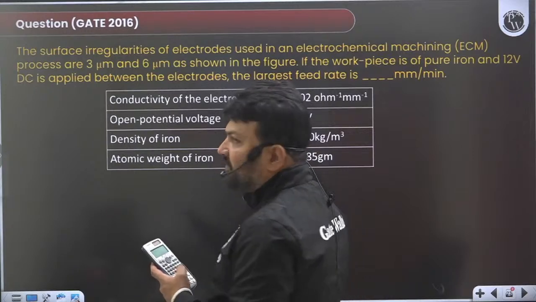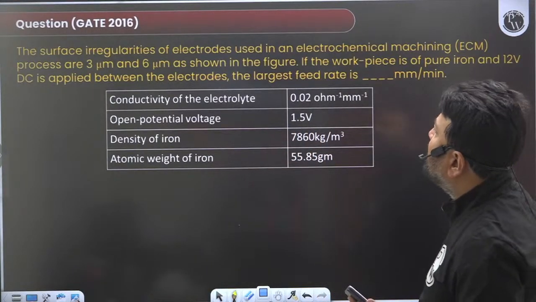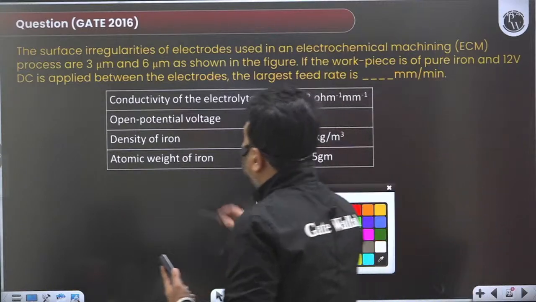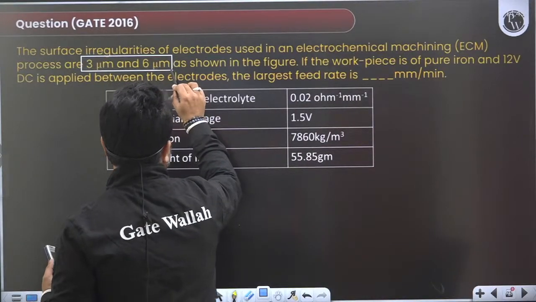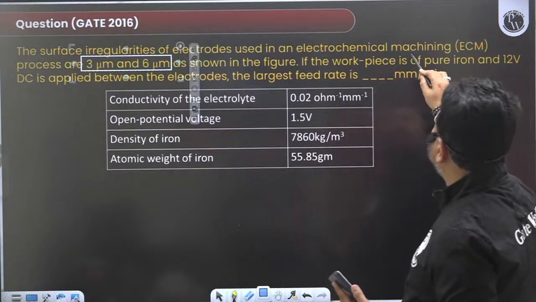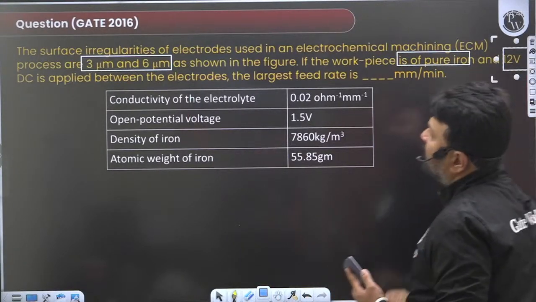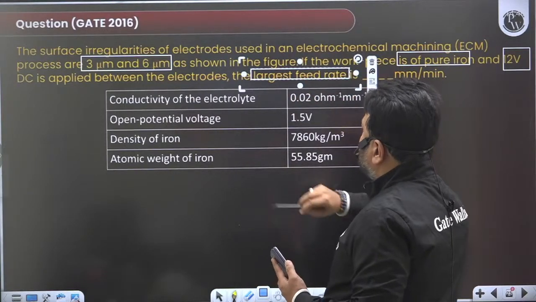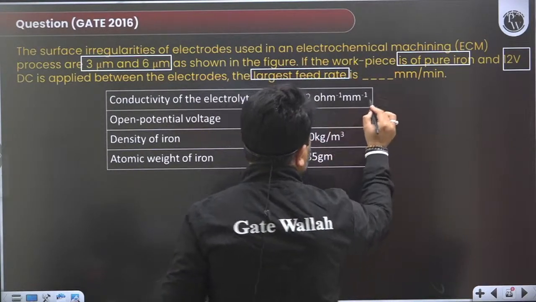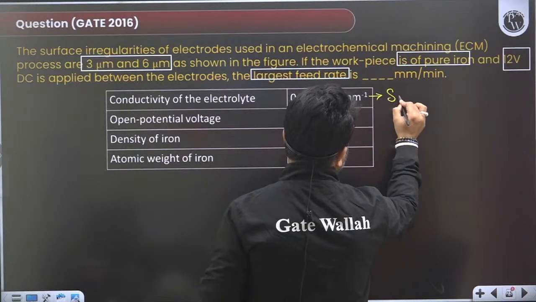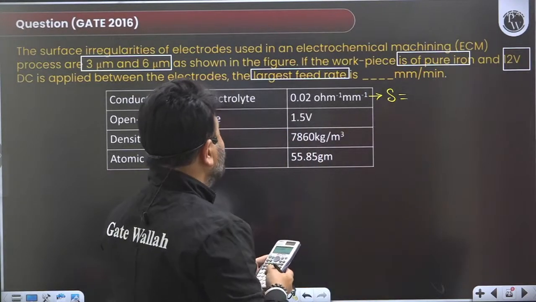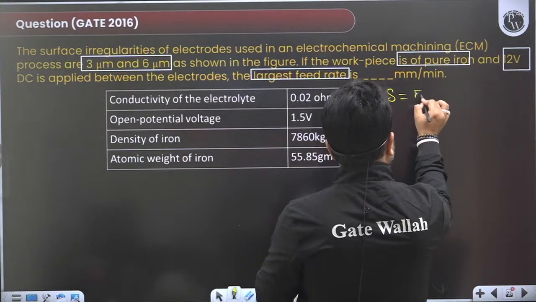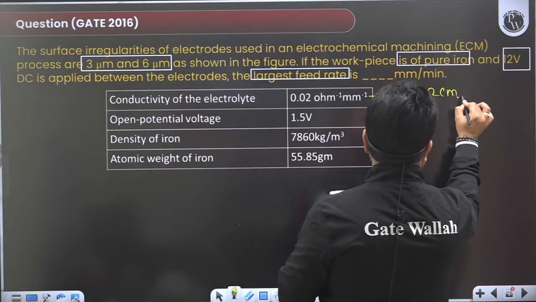Now the surface irregularity of electrode used in electrochemical machining pulses are 3 micrometer and 6 micrometer as shown in figure. If the workpiece is pure iron and 12-volt DC is applied between the electrode, find the largest feed rate. Conductivity of the electrolyte is given, so we can find the specific resistivity of the electrolyte: 1 divided by 0.02, so it is 5 ohm centimeter.